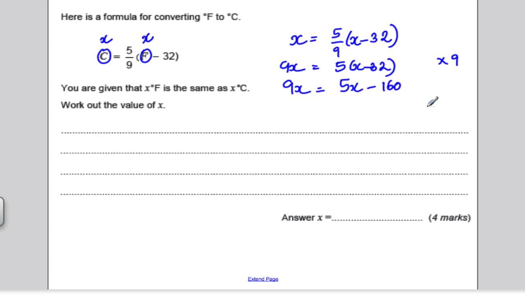And then I would collect all the x's, so I would subtract 5x off both sides, so I would get 4x must equal negative 160. And then to get x, I must divide both sides by 4, and I would get minus 40. X is therefore minus 40, and they're both the same, degrees Fahrenheit or degrees Celsius.